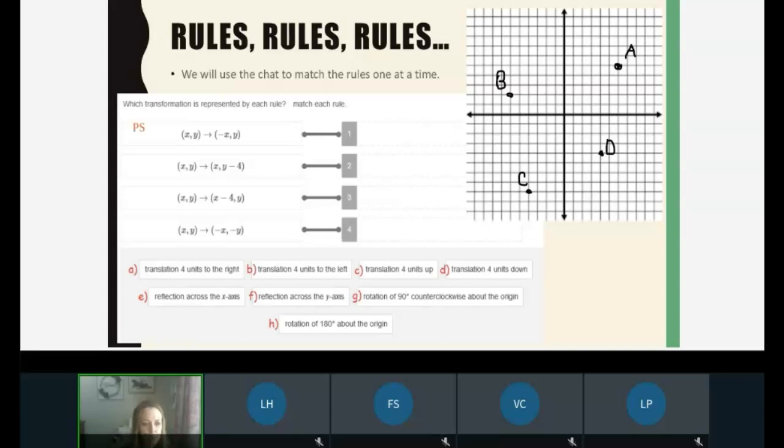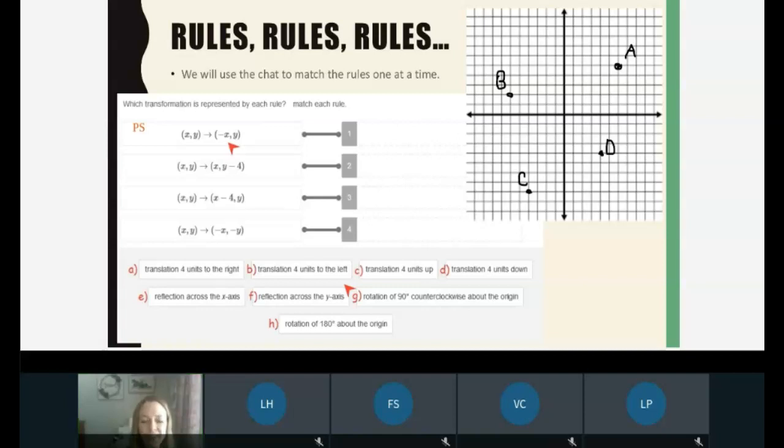Preston, since you have the first one, take point A over here and show me what this rule would do to point A. Okay, and I need 3 more volunteers. Now, on the test, or should I start doing this now? Yeah, go ahead, Preston.